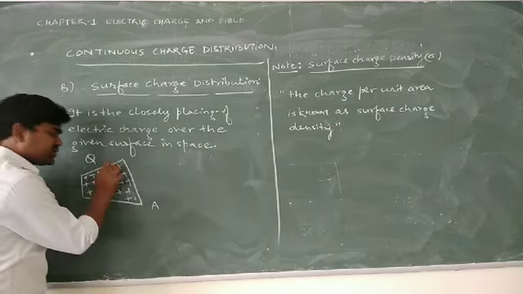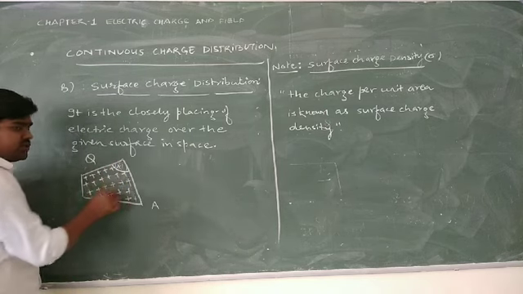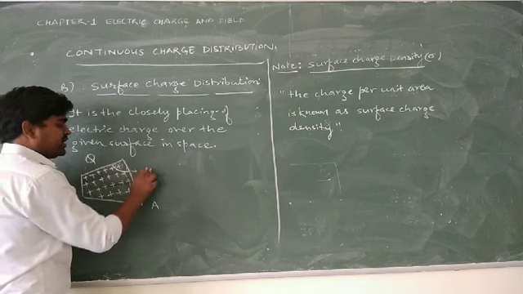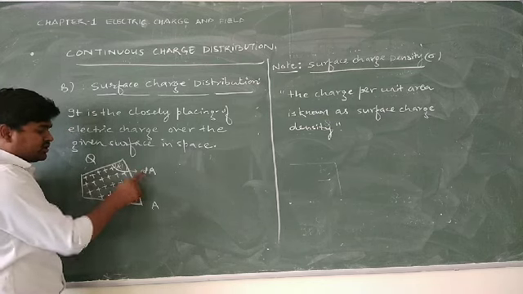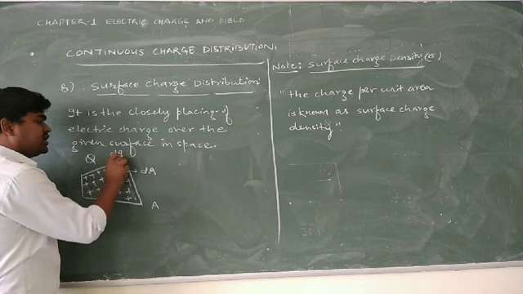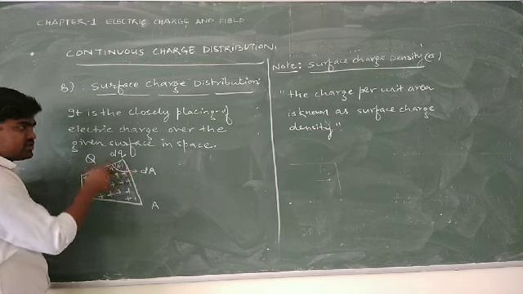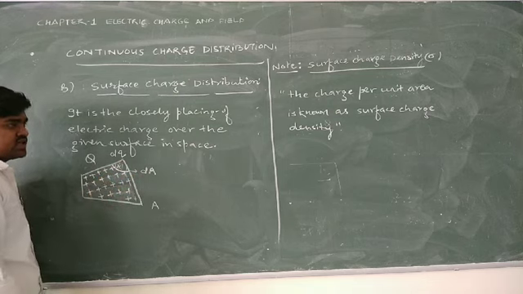Let we have a small surface element. This will be the small surface element represented by dA, d stands for small, over which we have placed small charges dq. So the ratio of these two will also give the surface charge density.